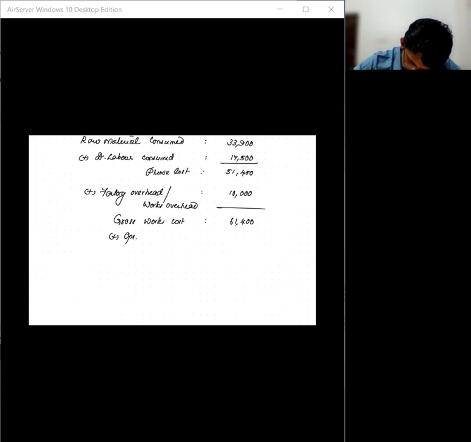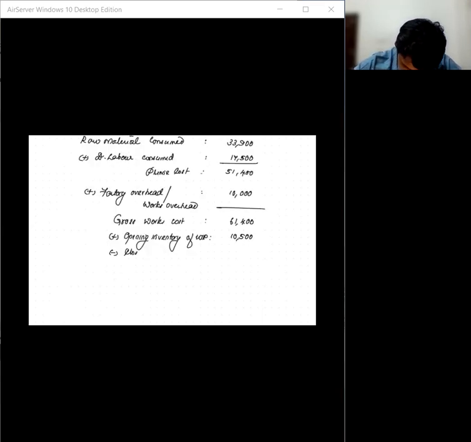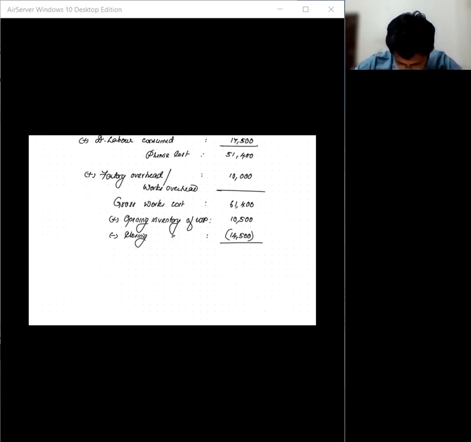Now with this, add opening inventory of WIP, which is 10,500, and less closing inventory of WIP, which is 14,500. What is the net amount? The net amount will be cost of production. So 61,400 plus 10,500 minus 14,500. It is 57,400.